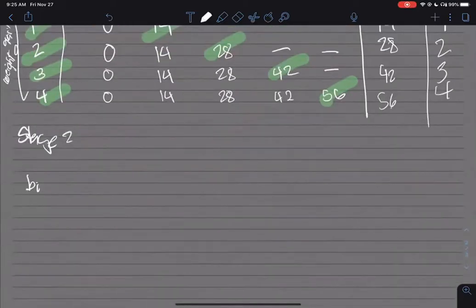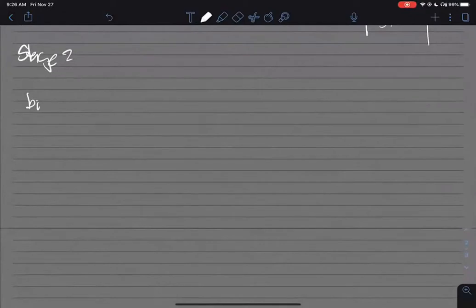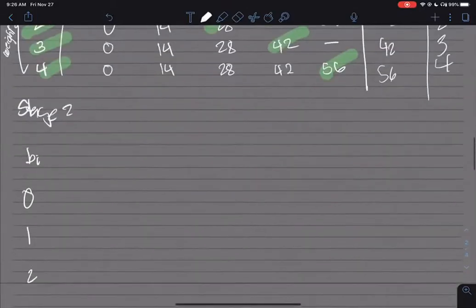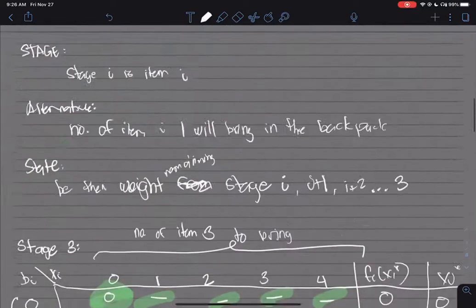So that's what we mean by nare-relate natin siya from the previous stage. So again, your state is the weight for item 2 and item 3 combined. So this is 0, 1, 2, 3, or 4.